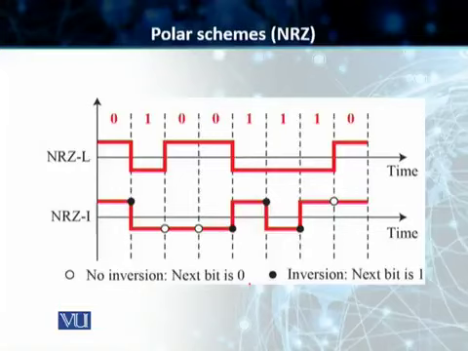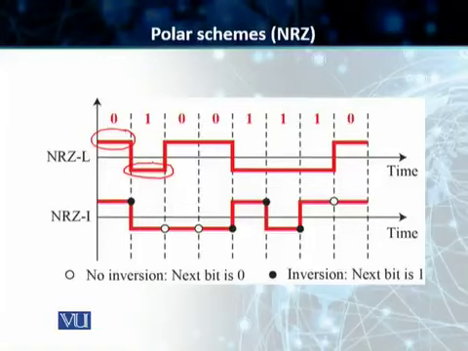You can see that the voltage level for a 0 is a positive voltage, and as soon as we switch to 1, the voltage level goes negative. So we are essentially using 2 voltage levels, one above the time axis and the second one below the time axis. In this case it is non-return to 0 once again, because we are not making the transition in the middle of the bit.